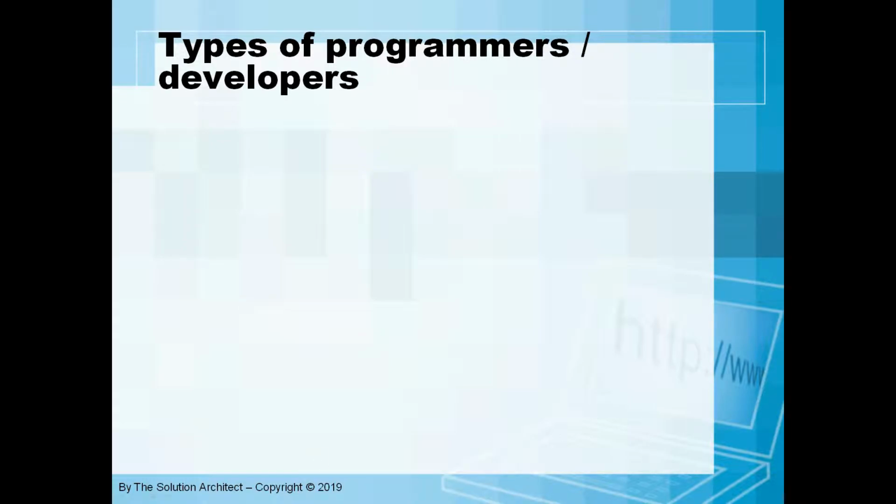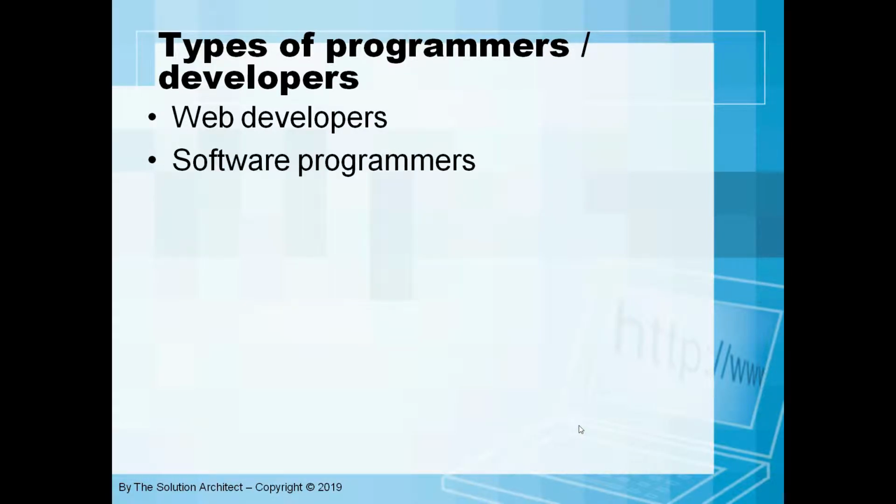The types of programmers, or what others call developers: what types of programmers do you get in the programming world? You get web developers who write websites, not just websites but also web applications that run within a business. You get software programmers that focus on anything back-end.